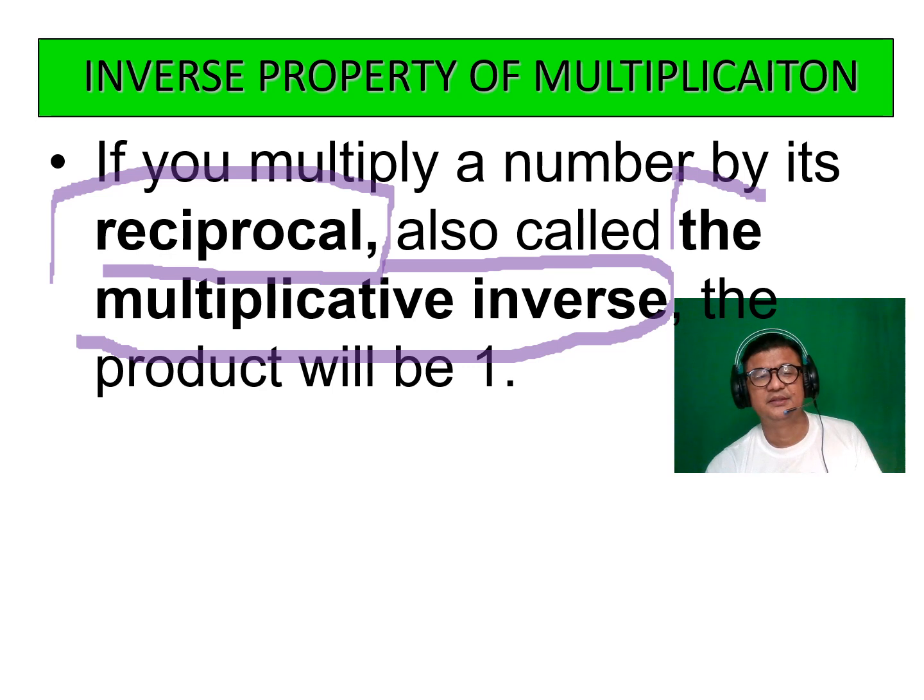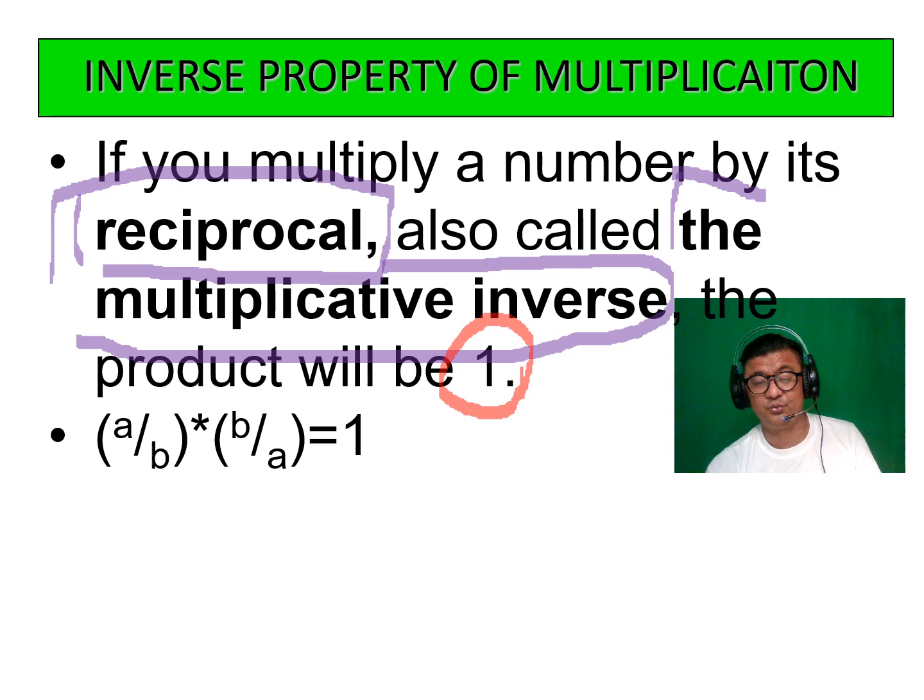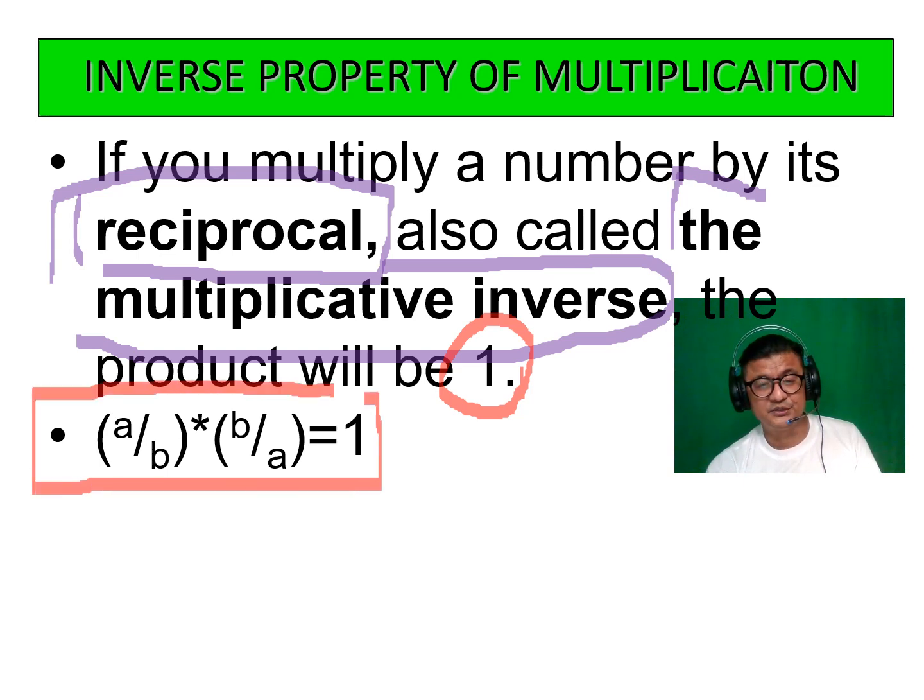Remember that. Reciprocal and multiplicative inverse mean the same. The thing is, if you multiply a number by its reciprocal, the result is always 1. This is the representation using variables, A over B, B over A.